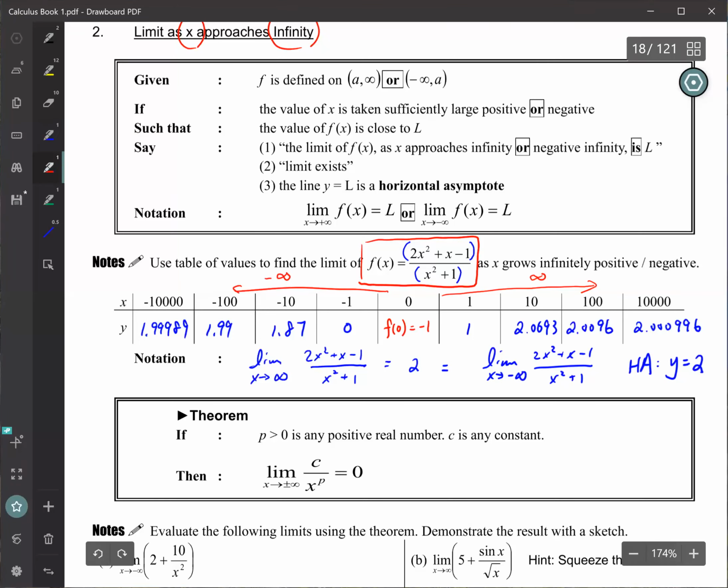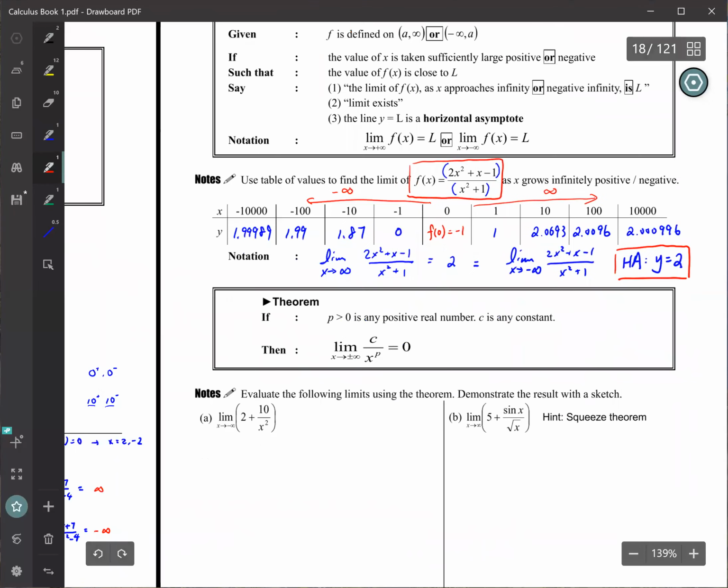But the left and right sides don't always equal each other. In this example, left and right both equal 2. You could have one side approaching 2 and the other side approaching -1. That could also happen. So you could have 2 different horizontal asymptotes on each side. Later you might see a graph like that.